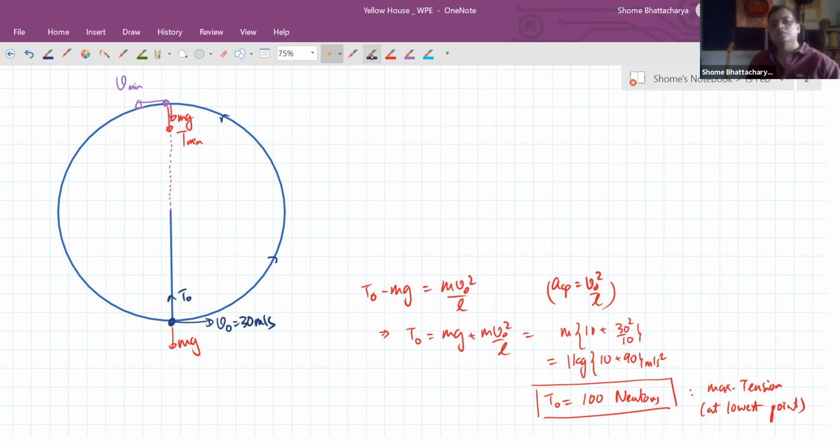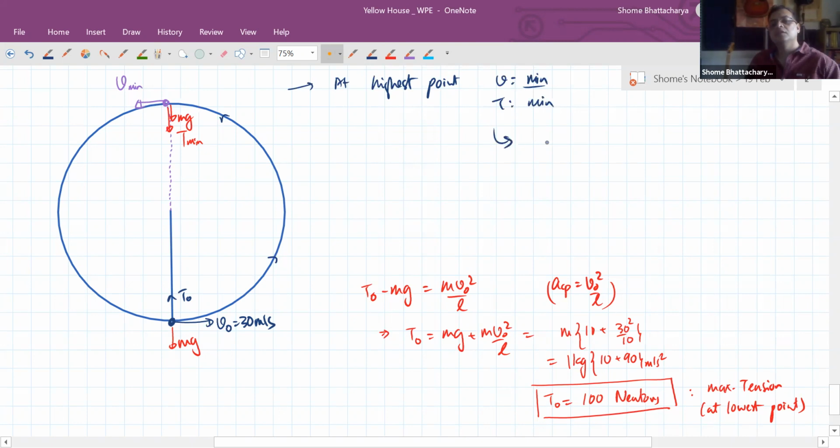At the highest point, V is minimum and tension is minimum, and T minimum plus mg is equal to mass into centripetal acceleration, that is mv square by L. So this equation we have to use.